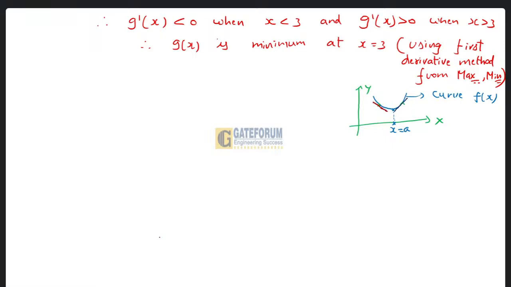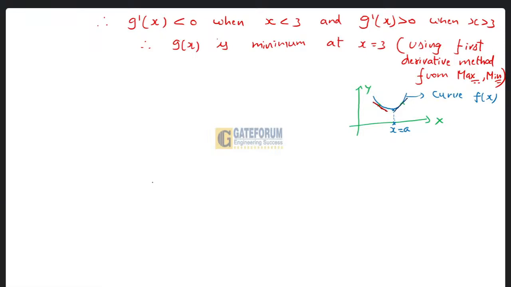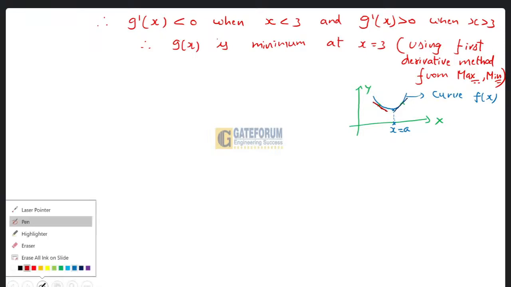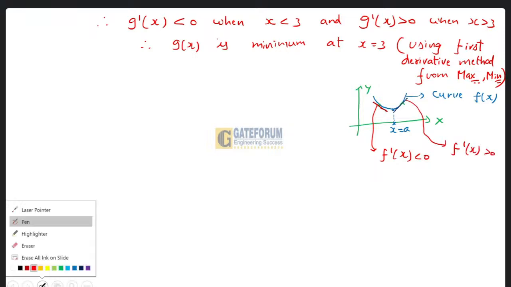This tangent slope is f'(x) < 0, and this tangent slope is f'(x) > 0. This tangent makes an angle θ with the positive x-axis which is less than 90 degrees, an acute angle.